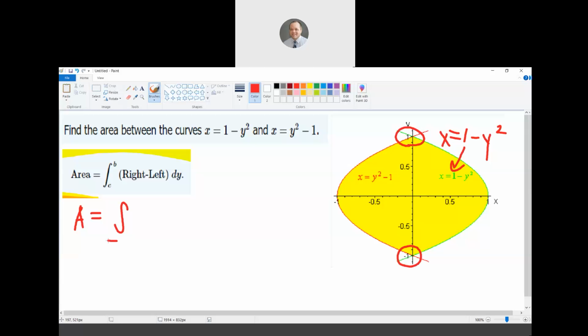So our region goes from -1 to 1. The right curve, which is 1 minus y squared, minus the left curve, y squared minus 1, dy.